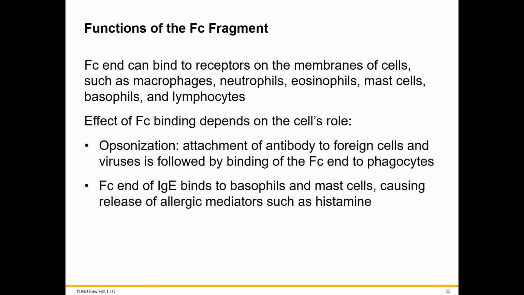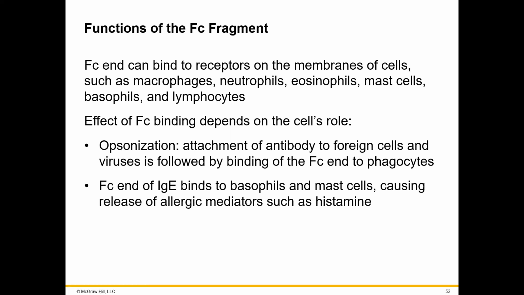Although this antigen binding fragment will go and will bind the antigen, the Fc fragment has a different binding function. So in most classes of immunoglobulin, the Fc end can bind to receptors on the membranes of cells, such as macrophages, neutrophils, eosinophils, mast cells, basophils, and lymphocytes.